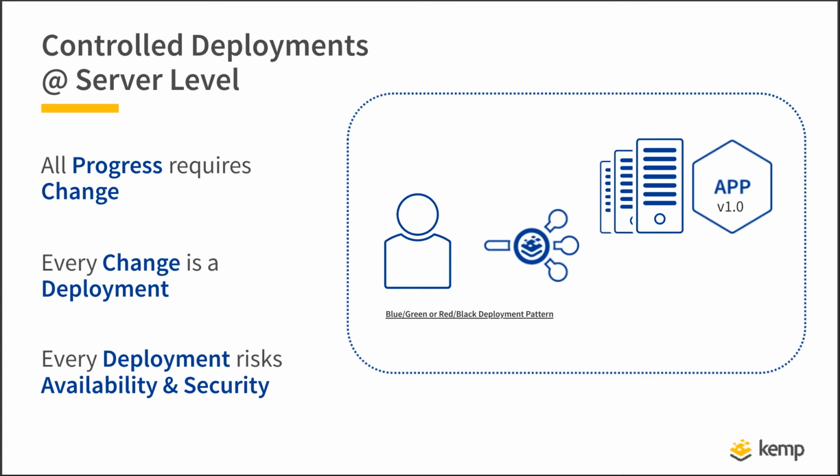While technology can automate it and control it, the key insight here is accepting that any kind of progress requires a change, and that every change needs to be treated as its own deployment. And that every deployment then brings risks to availability and security.